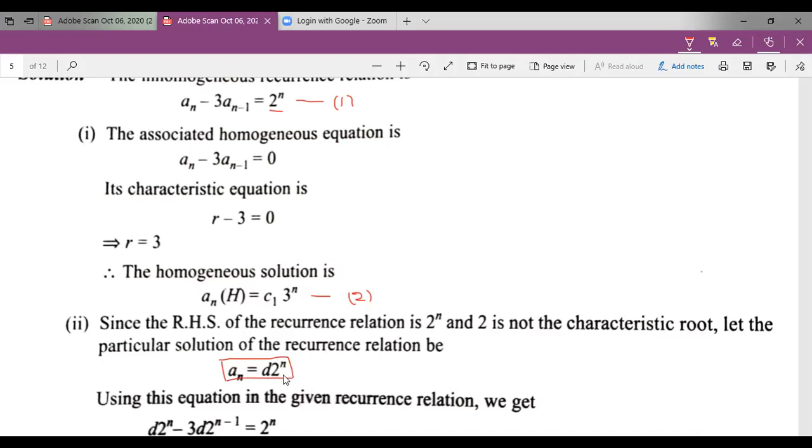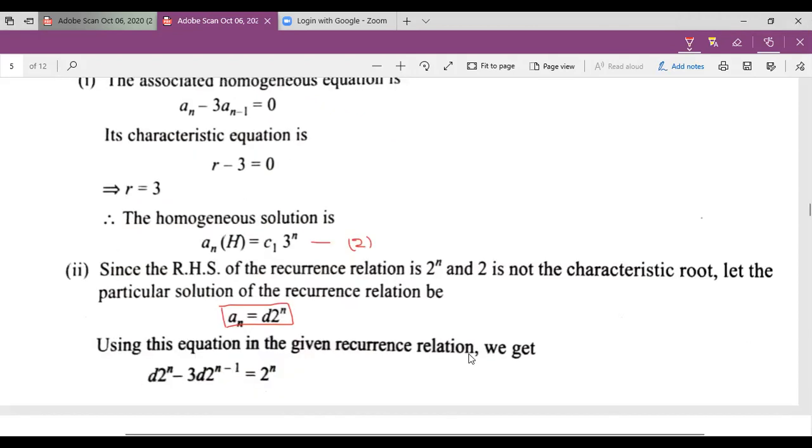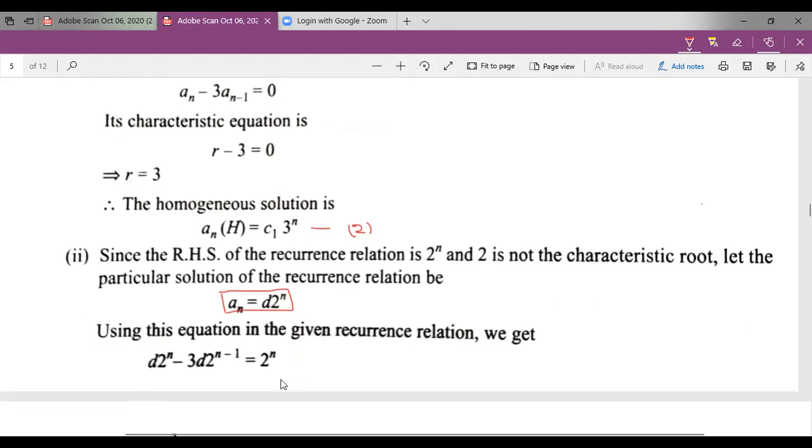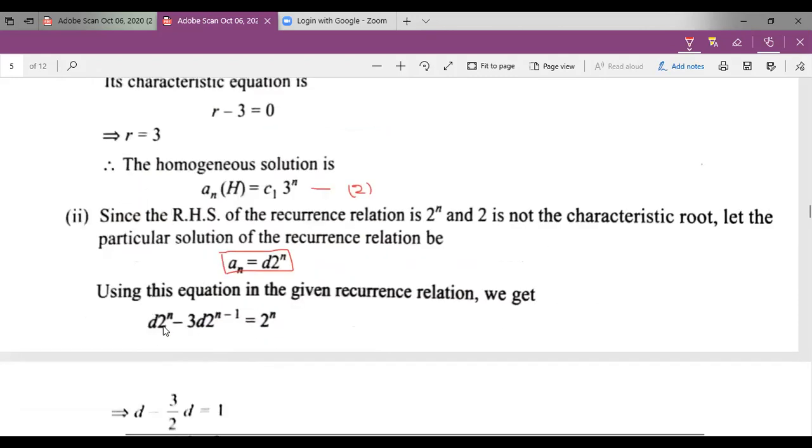So it gives the solution of equation 1. Using this in the given recurrence relation, we substitute these values in equation 1. In place of a_n, d·2^n, and in place of a_{n-1}, d·2^{n-1}. So d·2^n minus 3d·2^n by 2 is equal to 2^n.